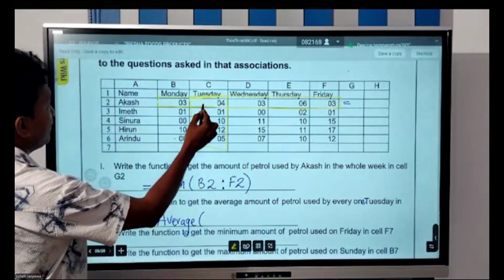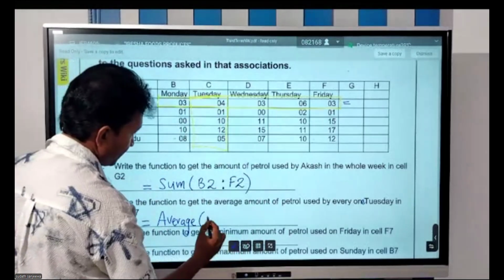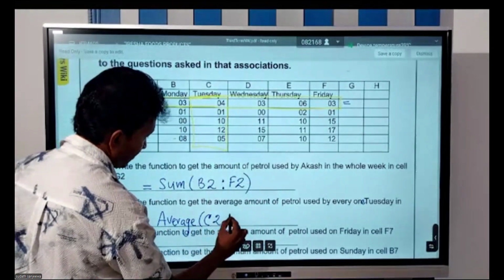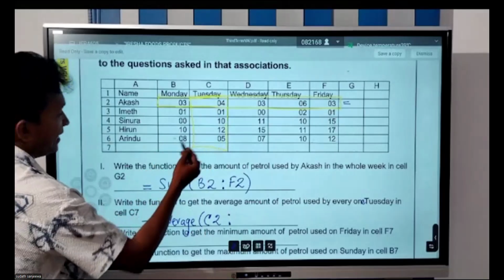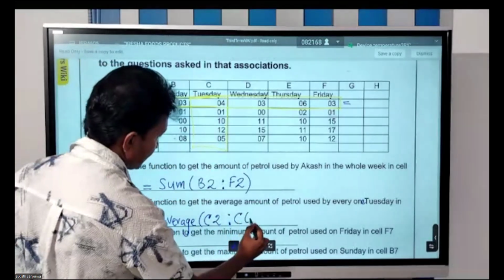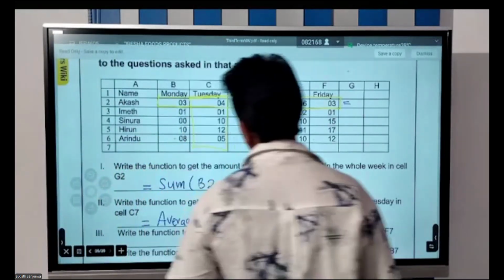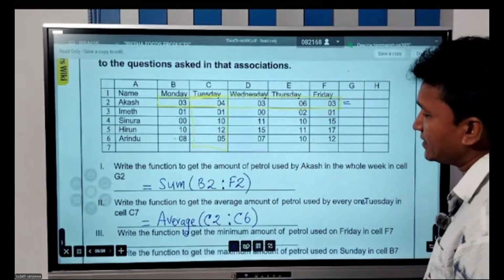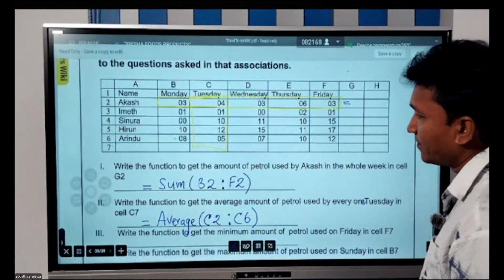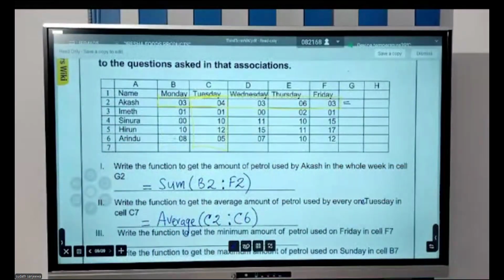First cell is C2, colon, C2 to C6. C2 to C6. Average C2 to C6. That is the answer. I'll show you in the Excel sheet.